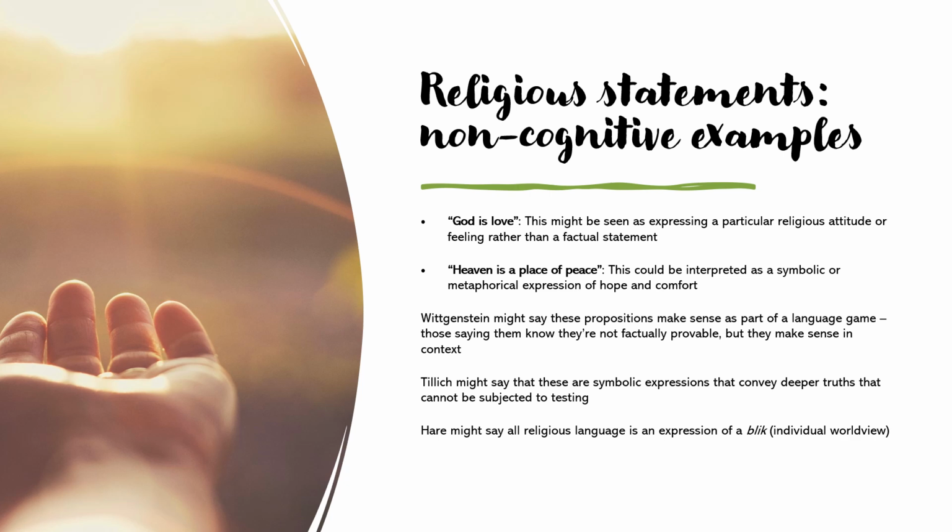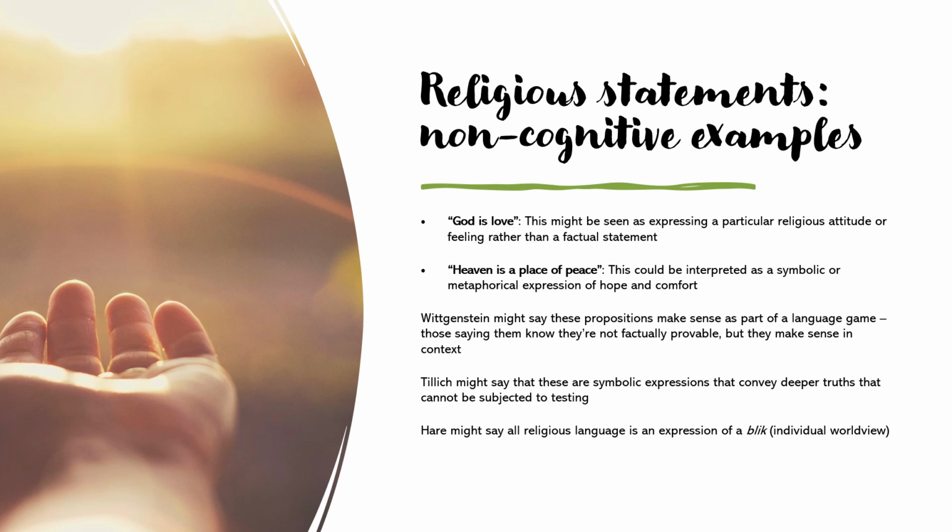Now, some non-cognitive examples. These could be things like God is love. If a religious believer said God is love, they might not be saying that in a truly factual, straightforward way. They might be expressing a particular belief or attitude or feeling that they have, rather than trying to get across a fact.